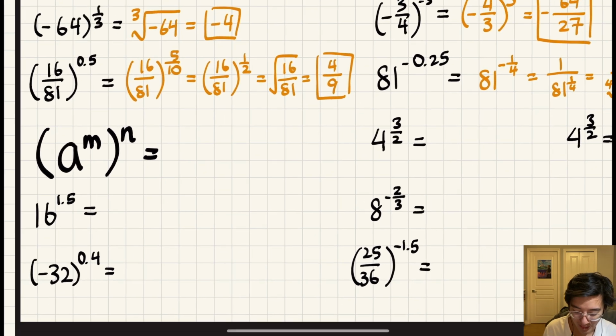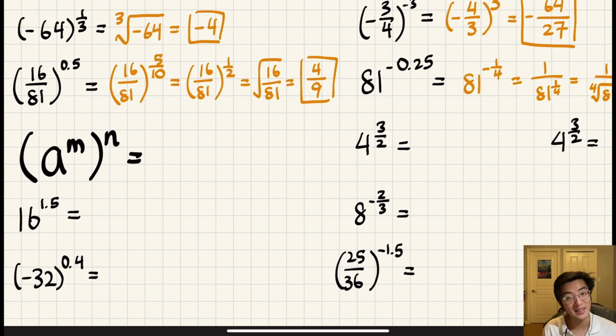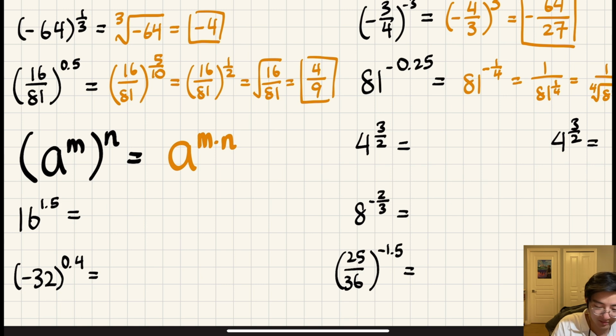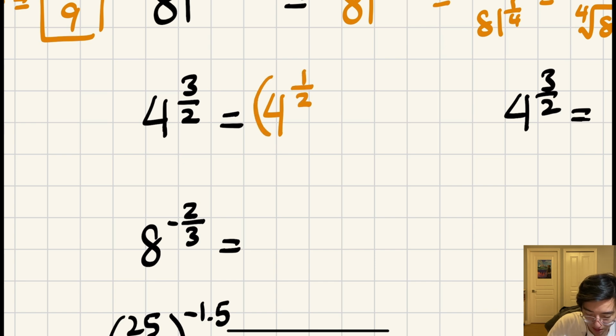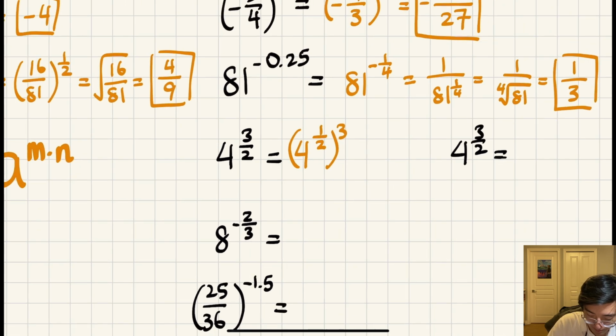So now, the last step to making everything more complicated is to look at this exponent law, where it's a to the power of m, all of this to the power of n. All we do here is multiply the exponents together. So let's take 4 to the power of 3 over 2. All it is, is 4 to the power of 1 over 2, to the power of 3.